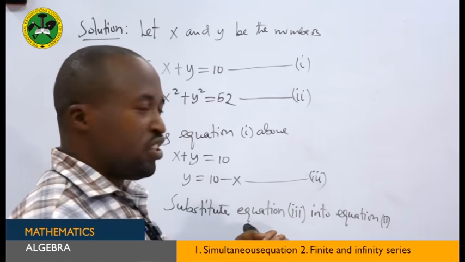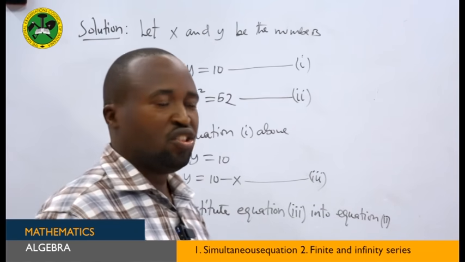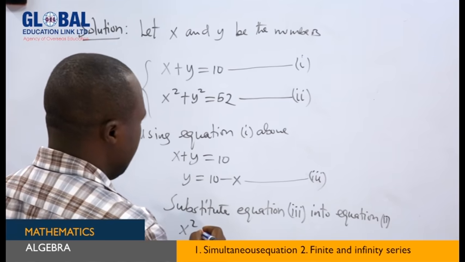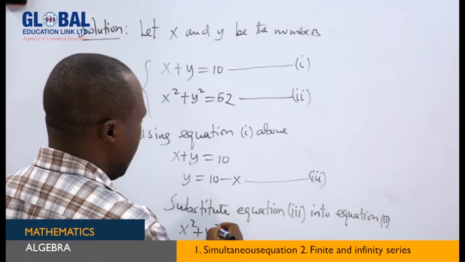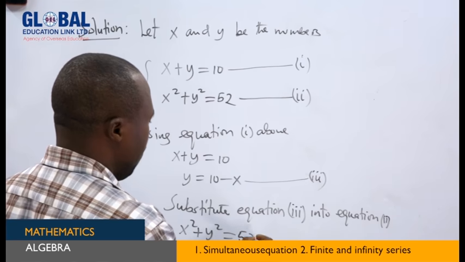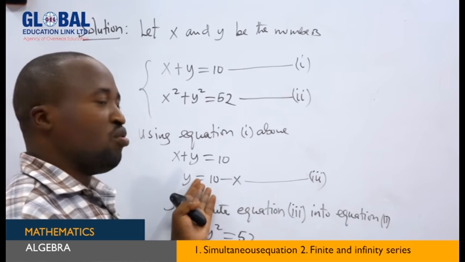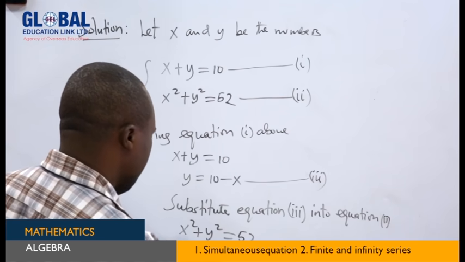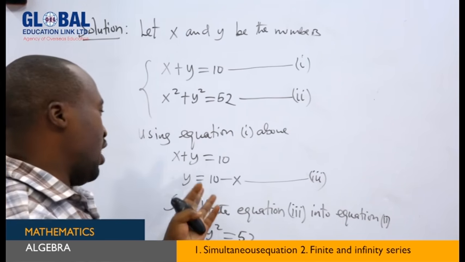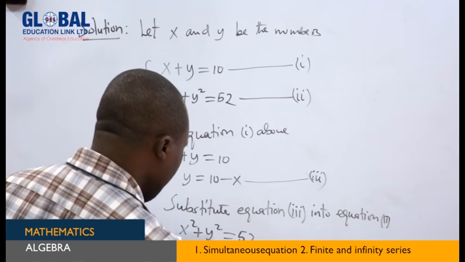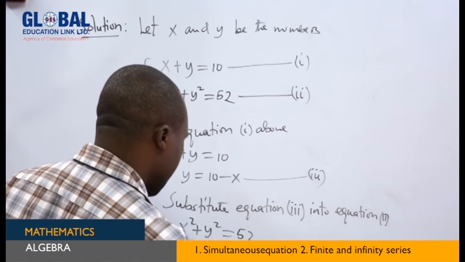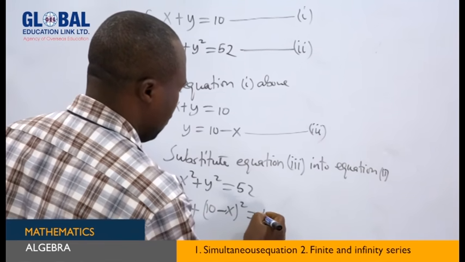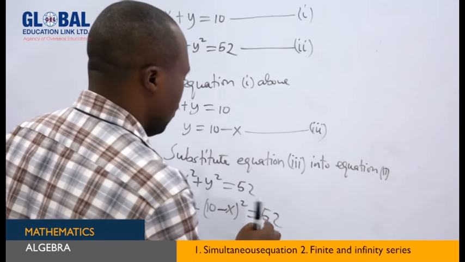Substitute equation 3 into equation 2. So we are going to have x squared plus y squared is equal to 52. But remember, y is equal to 10 minus x. So we say x squared plus, now y becomes 10 minus x, so we are going to have 10 minus x squared, which is equal to 52.